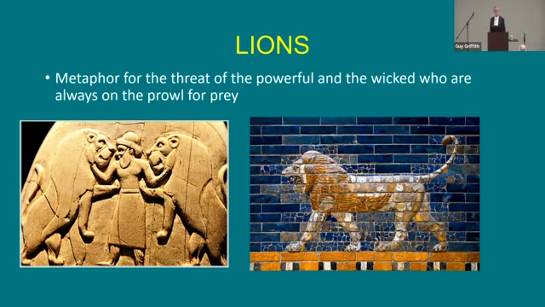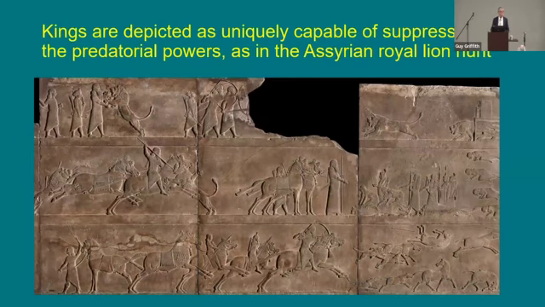On the left side, you see an image of a master of lions, a master of animals motif. We get the master holding on to 2 lions, one in each hand, and then the right side is another image from the Ishtar Gate. Kings are depicted throughout the ancient Near East as uniquely capable of suppressing the predatory powers of lions, suppressing chaos.